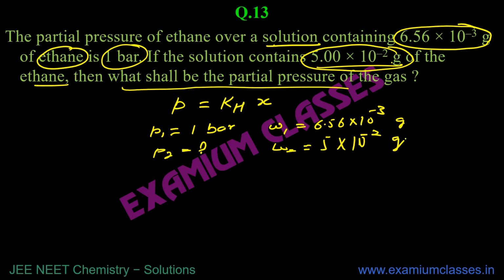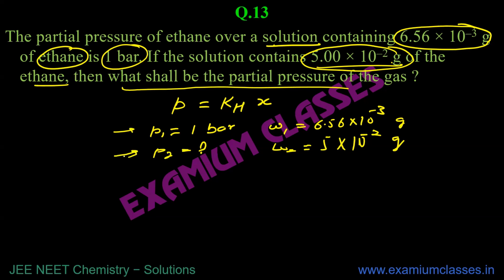So what will you do now? With this information, what can you do? Remember, here W2 does not mean the mass of solvent or solute, nor W1 the mass of solvent or solute. No. This is one case, and this is the second case for the same solution.